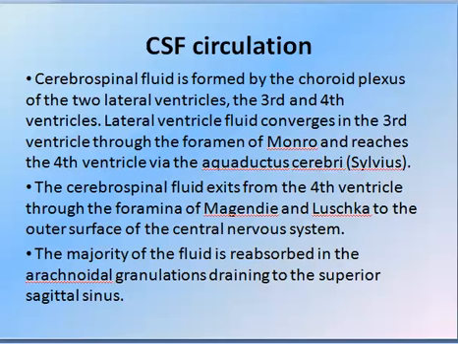Now CSF circulation, as we said, goes from the choroid plexus in the two lateral, third and fourth ventricles, and then converges in the third ventricle through the foramen of Monro, from the lateral ventricle into the third, and from the third into the aqueduct of Sylvius, and then exits through Magendie and Luschka to the outer surface of the central nervous system, where it goes into the arachnoid granulations, draining into the superior sagittal sinus.